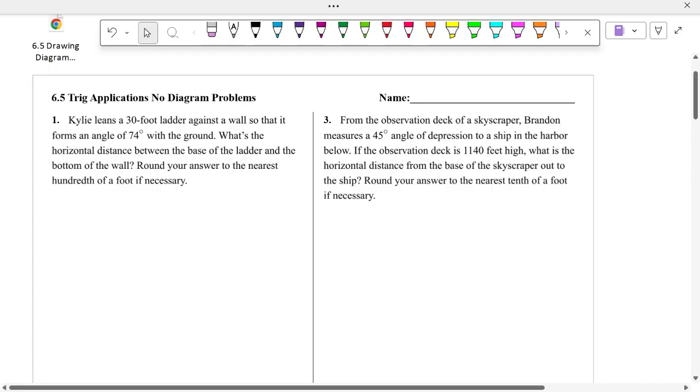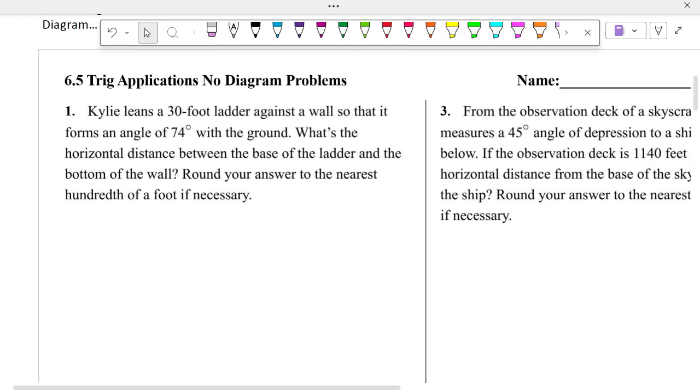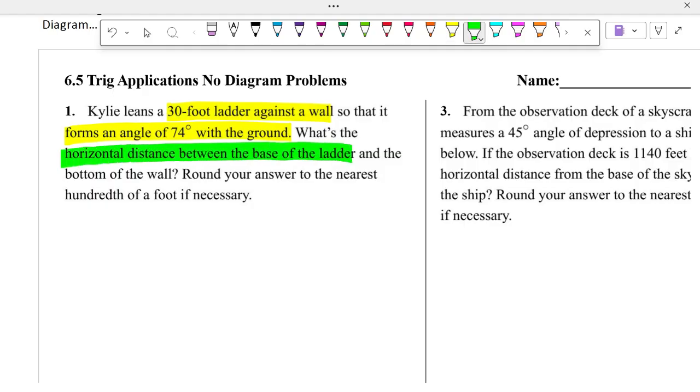So let's look at number 1. So Kylie leans a 30-foot ladder against a wall so that it forms an angle of 74 degrees with the ground. And it wants to know, what is the horizontal distance between the base of the ladder and the bottom of the wall?